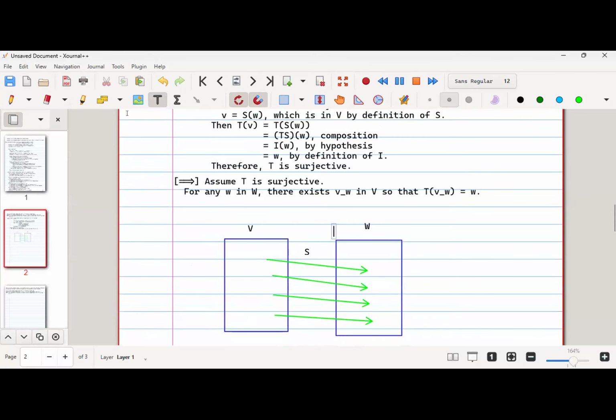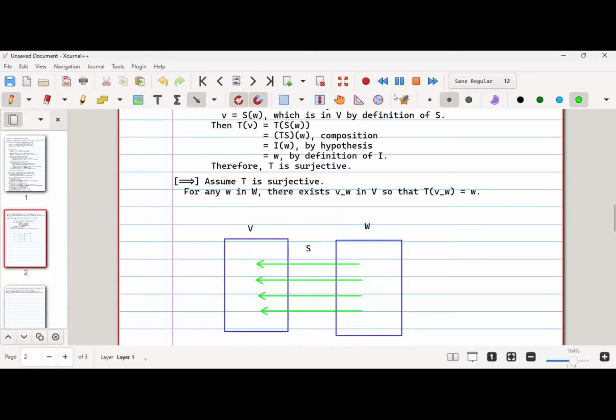Oh, wait, okay. So I did mess up both the direction and where we start from. So I believe this should be the correct way of doing it. So we have an S. We want to construct S mapping like this, right?